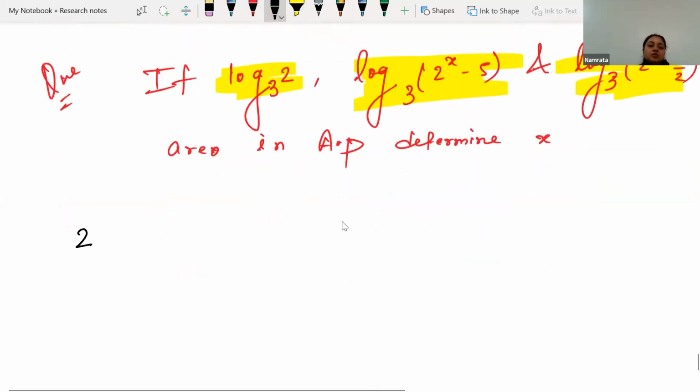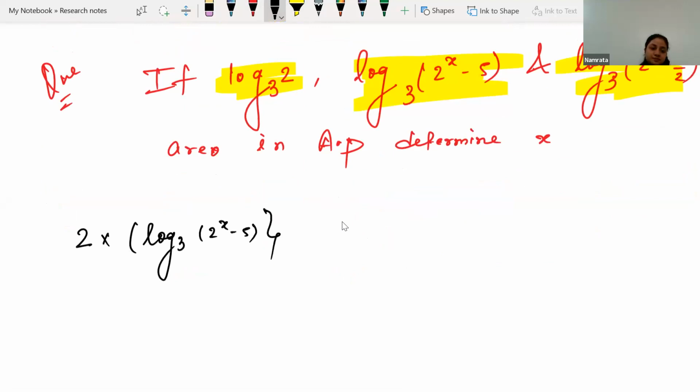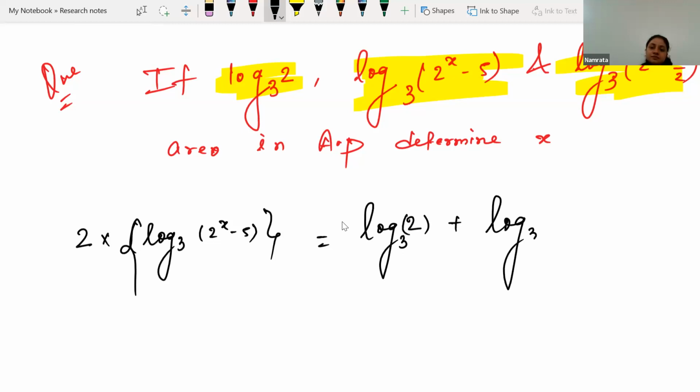Our B is the middle term, A plus C. Is it clear?